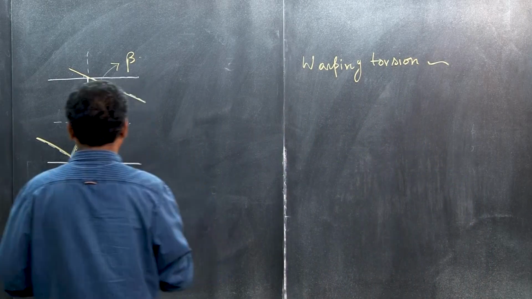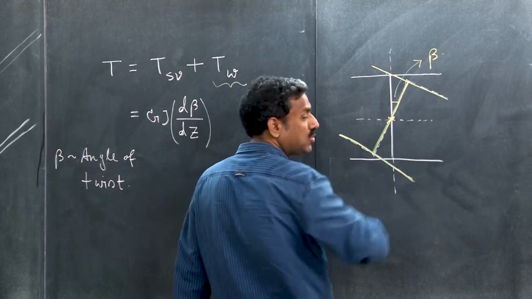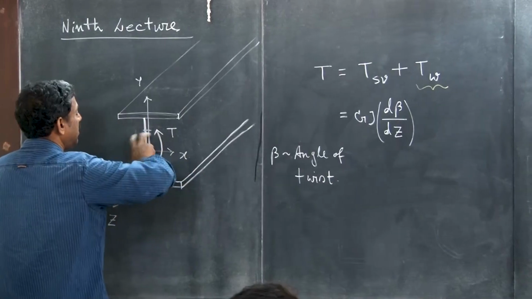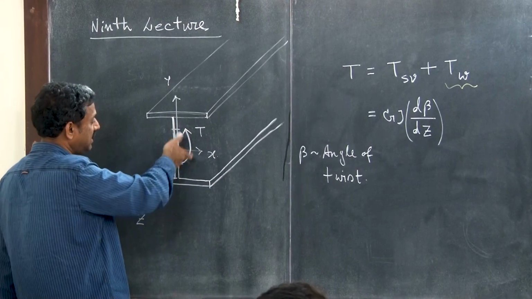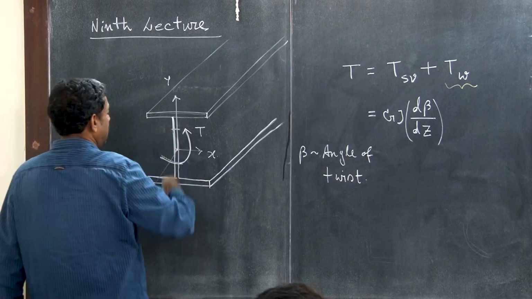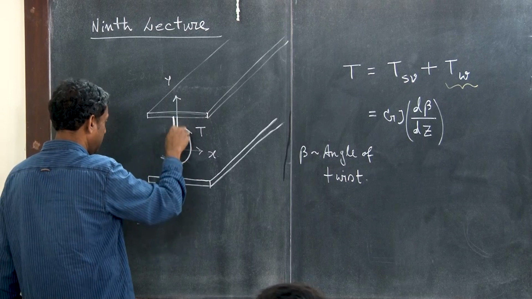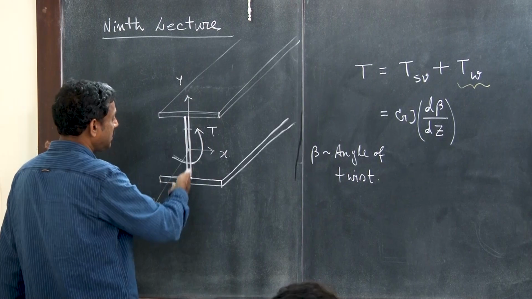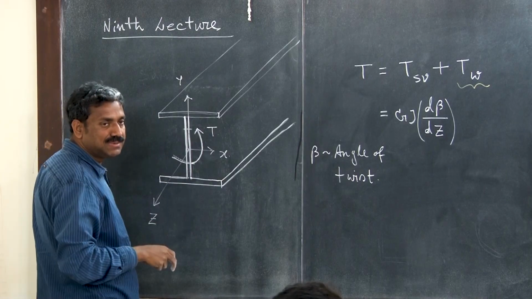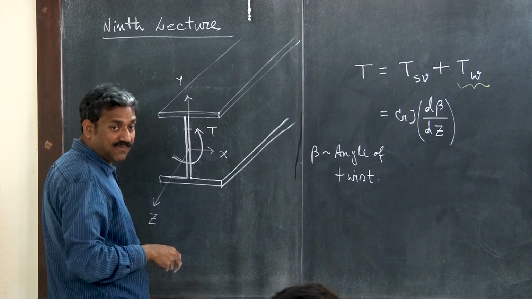Now you tell me, if this is getting twisted, what is going to happen? When you apply this twist, it will essentially be accompanied by bending in the flange, right?